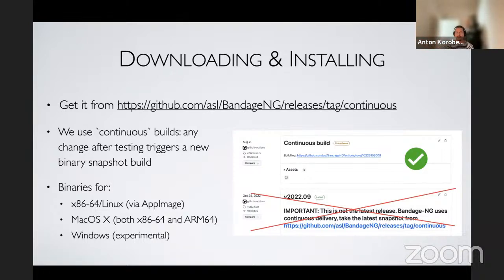So you don't have to wait for bug fixes or other things. You could just download the latest snapshot, and you have all the features that were developed so far.